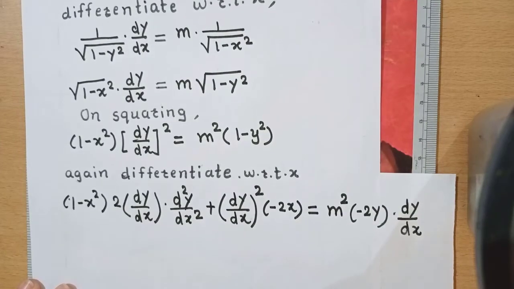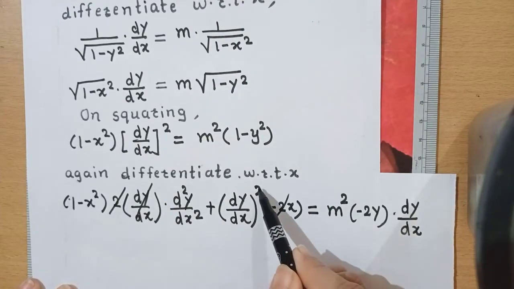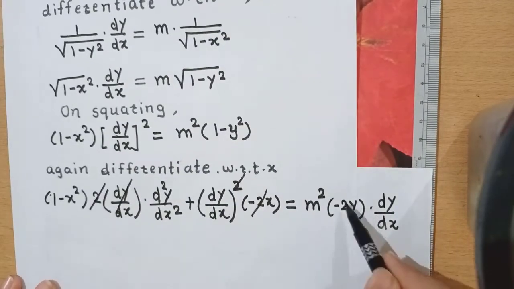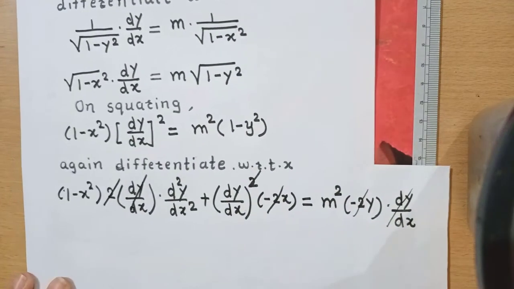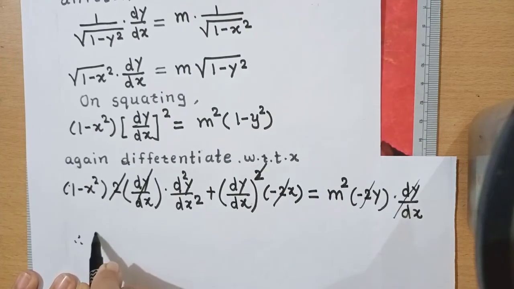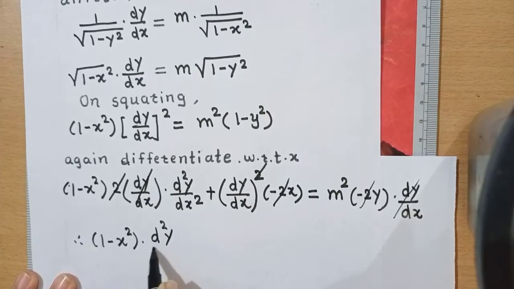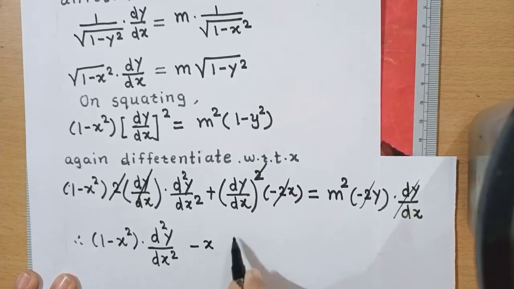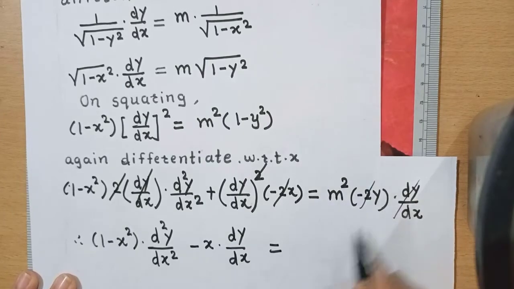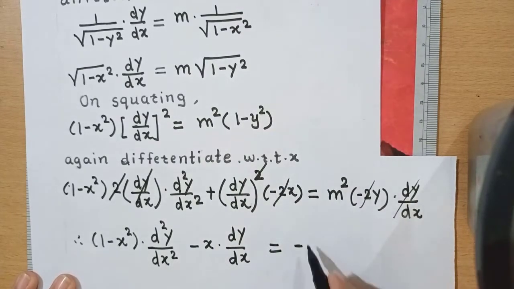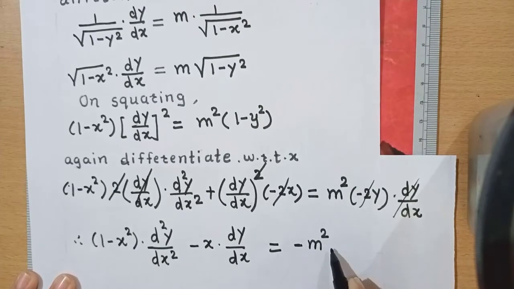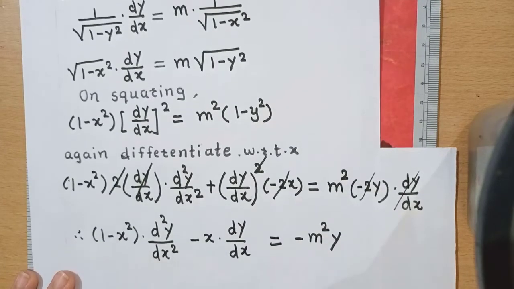Now from both sides we will cancel 2 and dy by dx, so here also 2 and 1 dy by dx and here 2 and dy by dx. So write down the remaining terms, so 1 minus x square and here d square y by dx square, this is minus x into dy by dx and that is equal to minus m square and this is y.